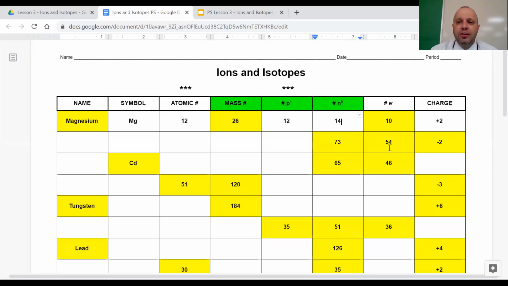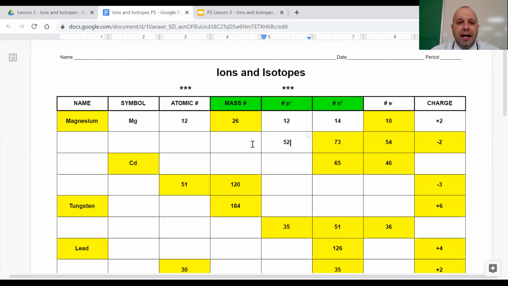You're going to find something around the 50s. A -2 charge means you have more electrons by 2. So if I have 54 electrons, and I have more electrons by 2, that means my number of protons has to be 52.